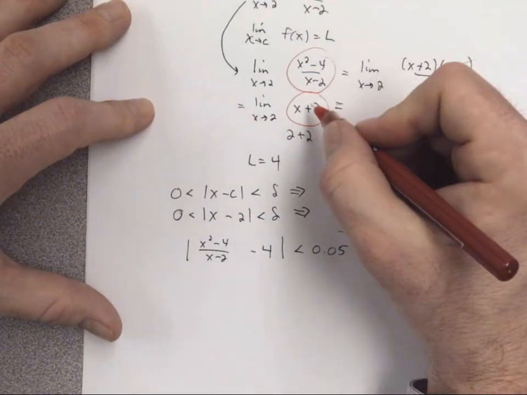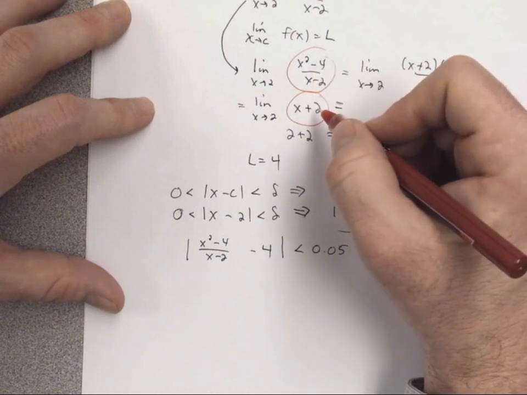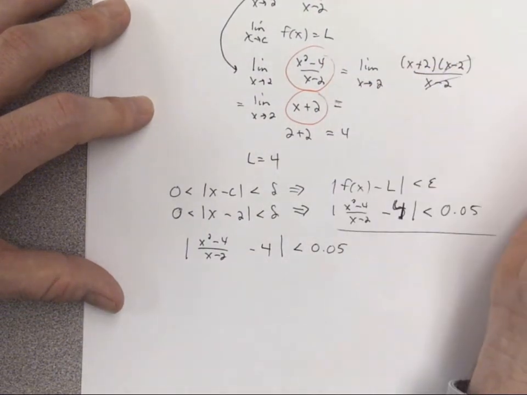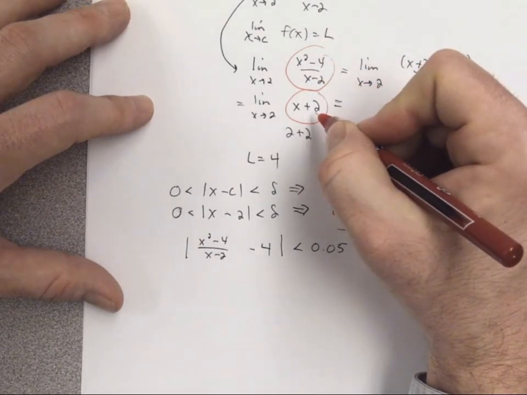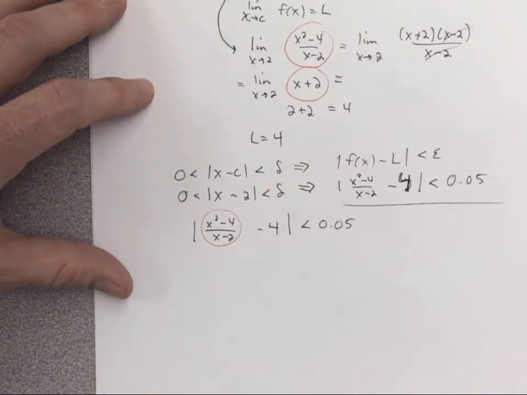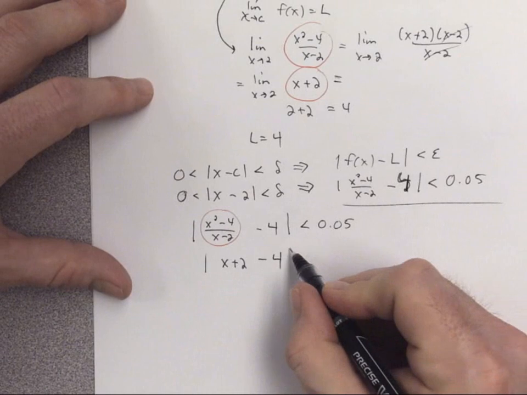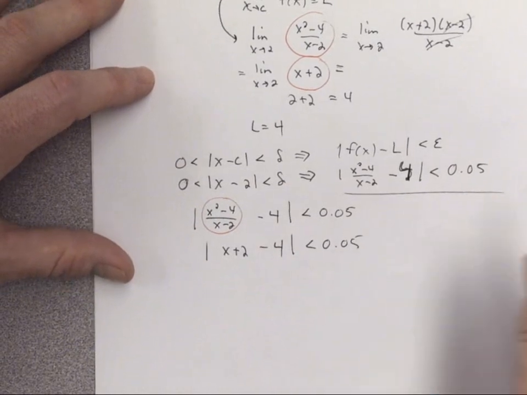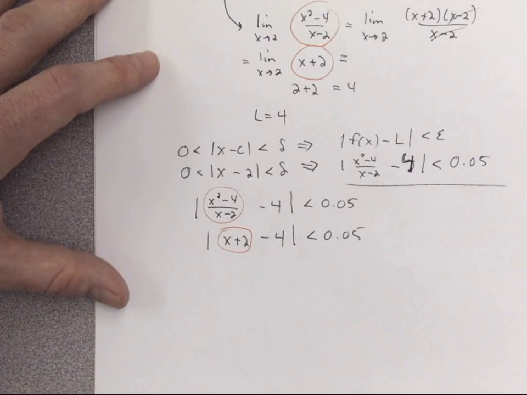So what I know is these two expressions are identical as long as x is not equal to 2, right? And since we're taking the limit, x will not be 2, it'll just be very close to 2, right? So it means I can replace this, right? So that means this piece right here is just going to become x plus 2. So the absolute value, that's going to become x plus 2, and I still have minus 4 is less than 0.05. So remember that that expression and that expression are the same everywhere x is not equal to 2.